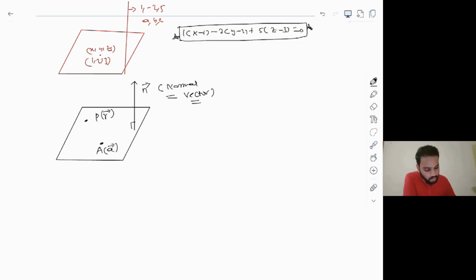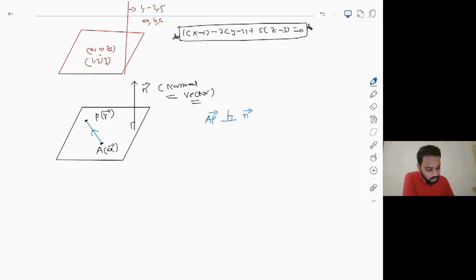Now once again, what I am going to do is I am going to join this A and P and form the vector AP bar. Now once again, what's the clear observation here? The vector AP bar is on the plane, whereas n bar is exactly perpendicular to the plane. So which means I can say that the vector AP bar is perpendicular to n bar. And whenever two vectors are perpendicular to each other, what is our concept?